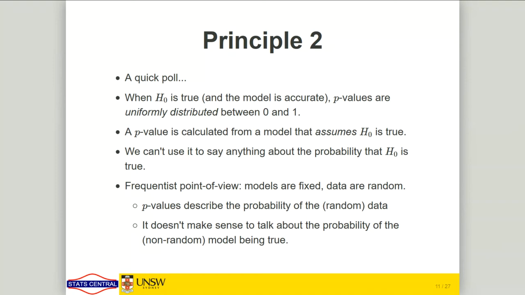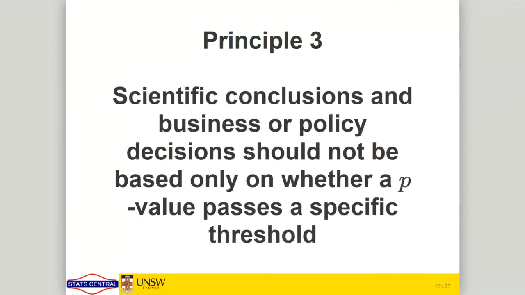It doesn't make sense to talk about the probability of a model because this is not a random variable. So in other words, a p-value is a statement about the data in relation to a particular hypothetical explanation, which is the model. It's not a statement about the explanation itself. So it's not a statement about the truth of the hypothesis. It's a statement about the data.